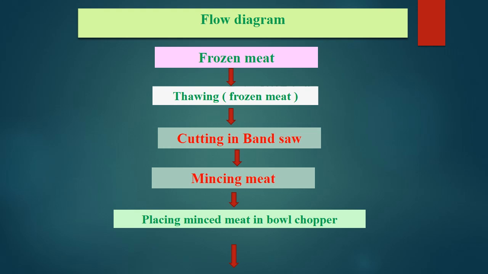We can cut the frozen meat using a meat cutting band saw. In small scale, after separating the frozen meat into pieces, we place it into the meat mincer, which makes small particles, and after that it is placed into the bowl chopper for further fine cutting and mixing with other ingredients.